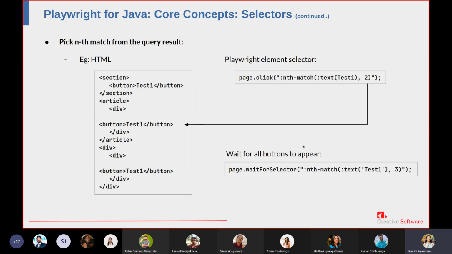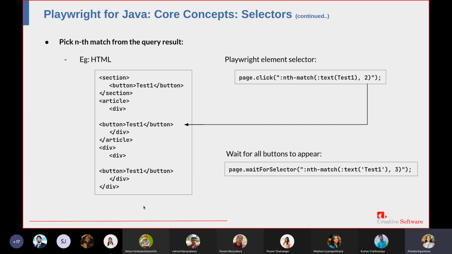And then we have the Nth Match Selector. In the previous slide, we talked about the Nth element selector, and it has a limitation. It only allowed us to select either the first or last matching element. In a scenario where we need to select an element which is not first or last among multiple elements, this Nth Match Selector comes to the rescue. Unlike the previous Nth element selector, we can pass any number for this Nth match selector.